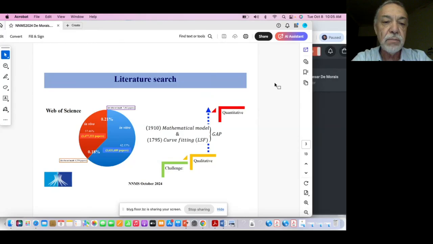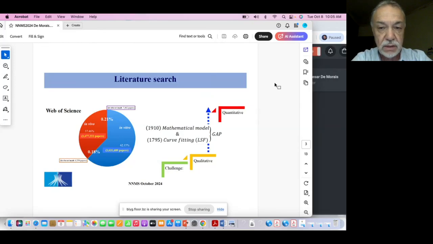So it's about 3.5 million papers published. But if you look closely at these publications, you will find only about 0.2% of those papers include any kind of mathematical model to explain the data.